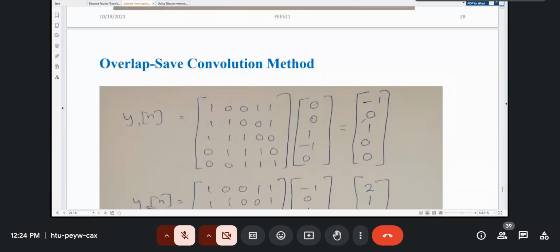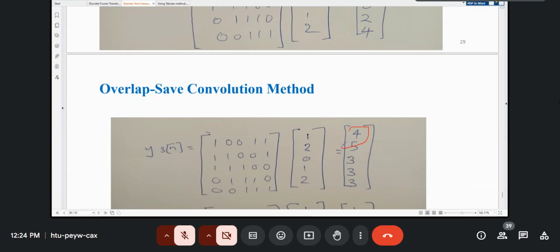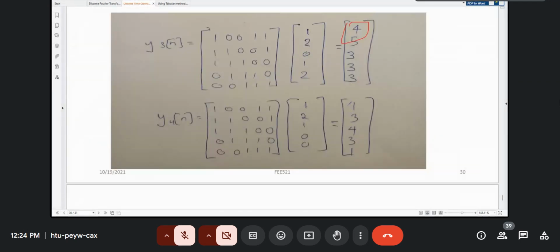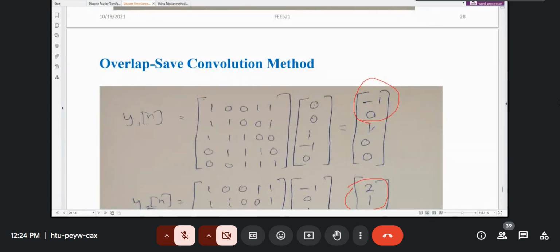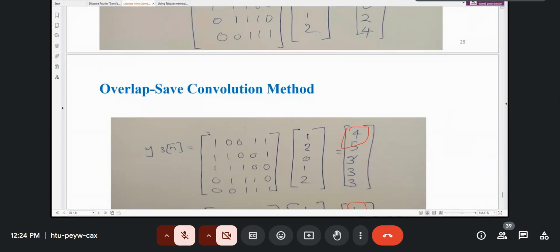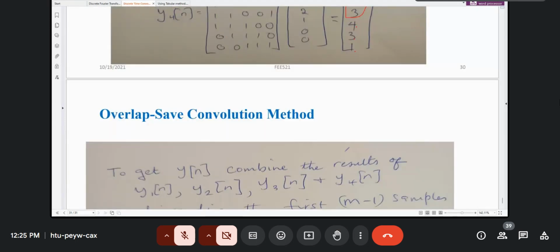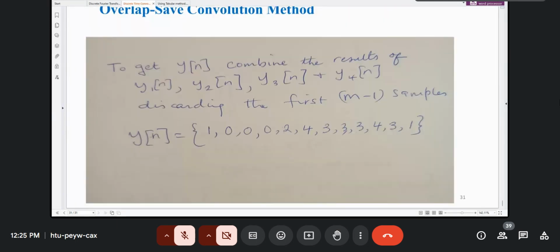So you discard these samples, you discard these samples, you discard these samples. So your final samples will be 1 0 0 0 2 4 3 3 3 4 3 1. So using the overlap save method, we got the same solution.